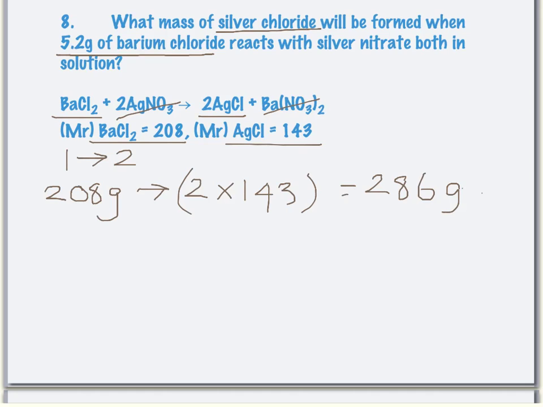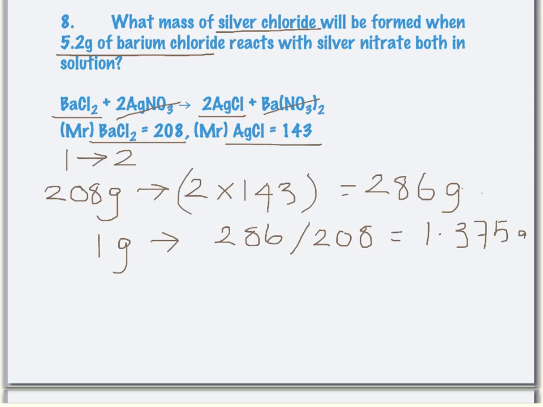So 1 gram will make 286 over 208, which is the equivalent of 1.375 grams.